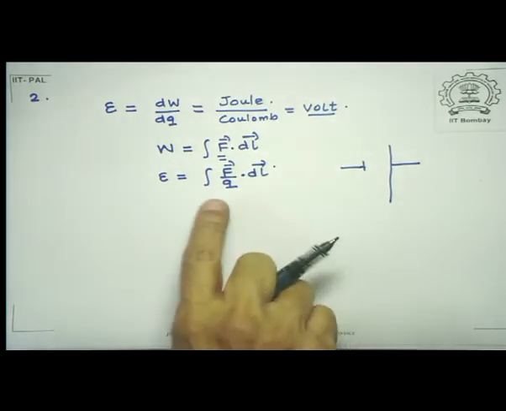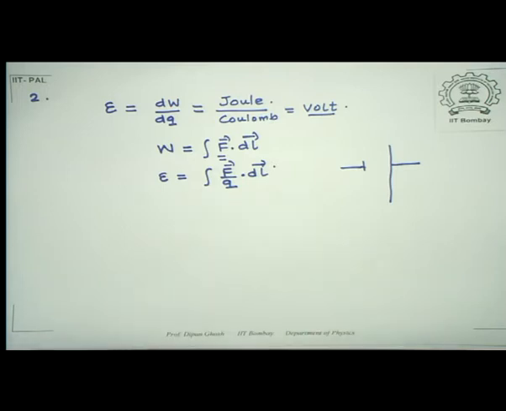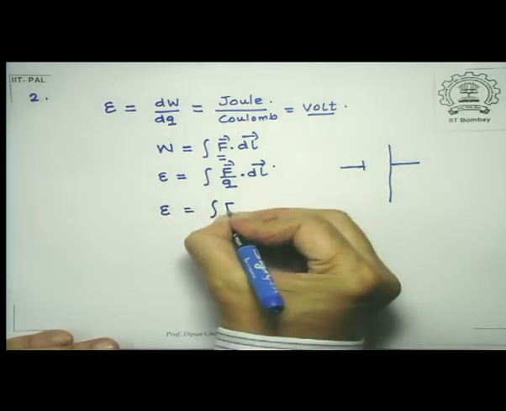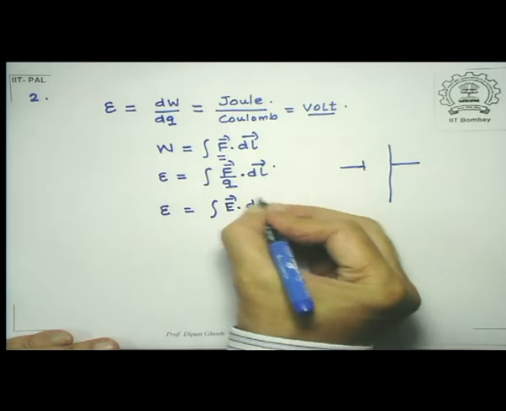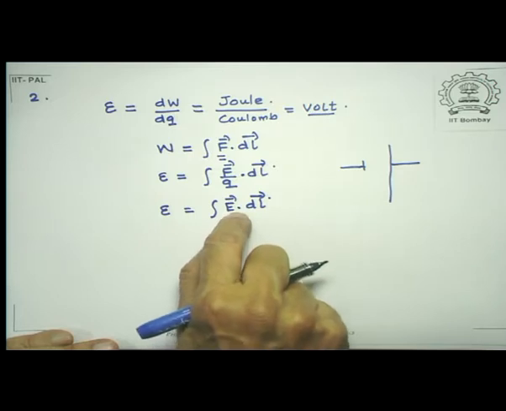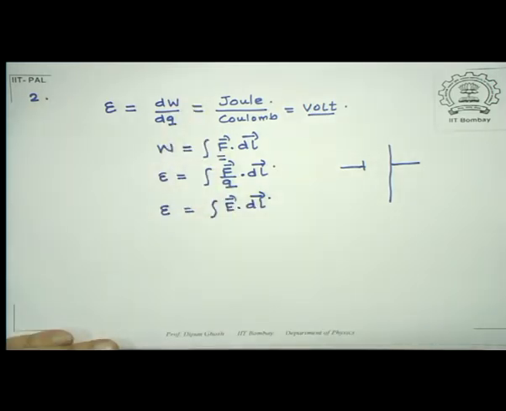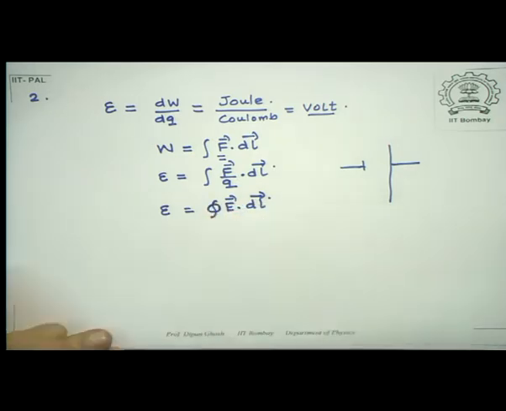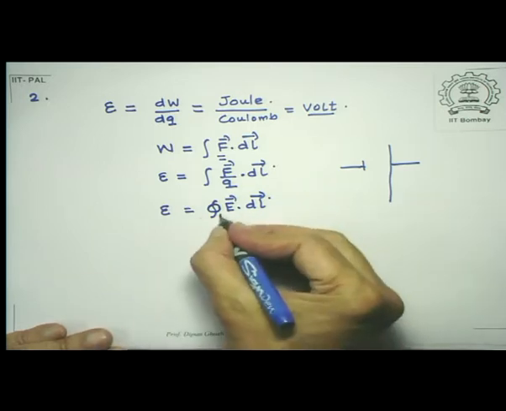But if you look up this expression, very frequently we write the electromotive force in a slightly different way. We write this as integral of E dot dl, because we are talking about electric field, which is nothing but the force per unit charge, and what you will find is that your definitions will also have a circle around that integral, meaning thereby this is called a contour integral.